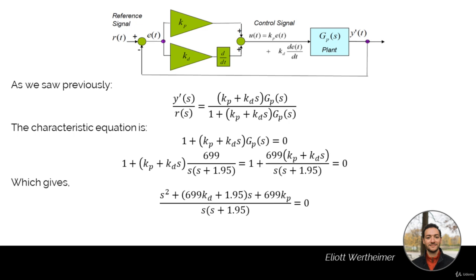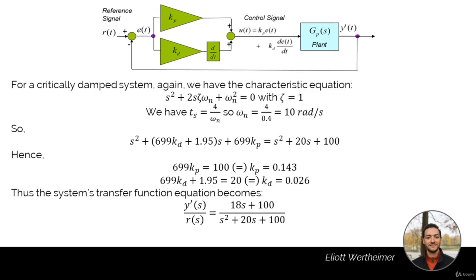So this gives us 1 plus (Kp plus Kd s), and we replace the values for the plant transfer function G(s) to give 699 divided by s multiplied by (s plus 1.95). We can eventually develop this, and we finally obtain s squared plus (699 Kd plus 1.95) multiplied by s plus 699 Kp, divided by s multiplied by (s plus 1.95).